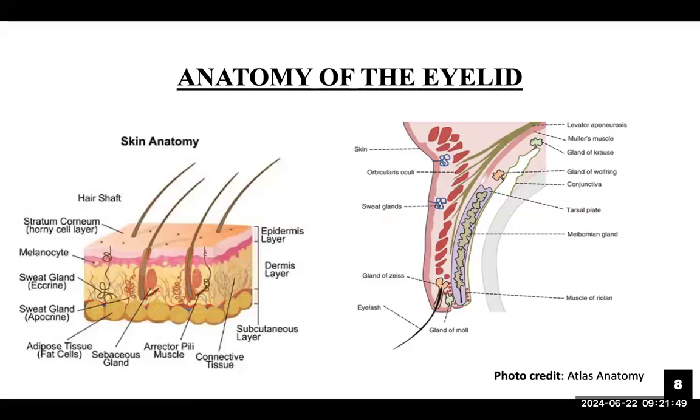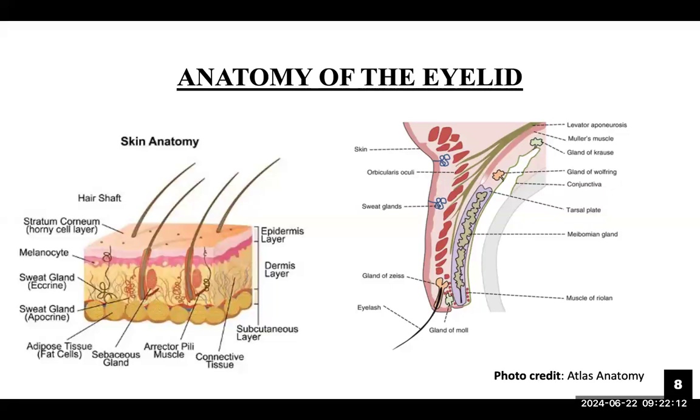There are various types, the eccrine sweat glands that open directly onto the surface of the skin, then the apocrine sweat glands that open into large follicles. The diagram on the right is showing the glands of Moll and the glands of Zeis in the eyelid.